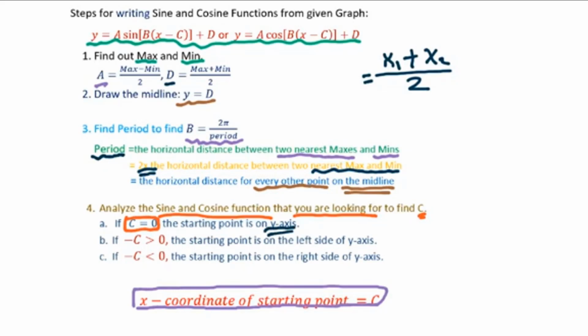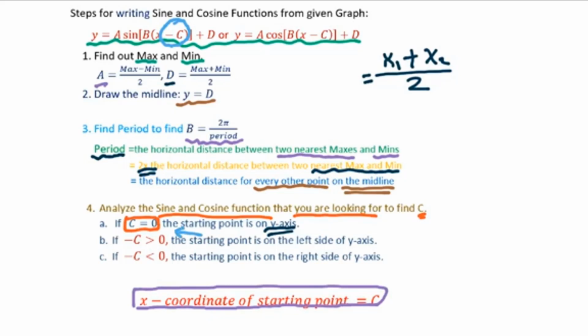If negative C is greater than 0, the reason why I write down negative C, just check over here, for the transformed form of a sine and cosine function, this one. If negative C is greater than 0, you know that inside there is a linear rule. The parent function will move to the left side.